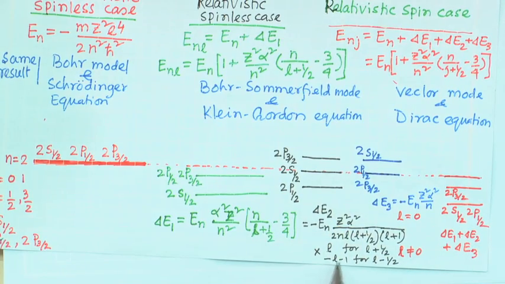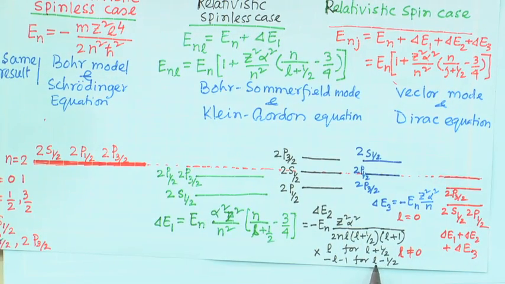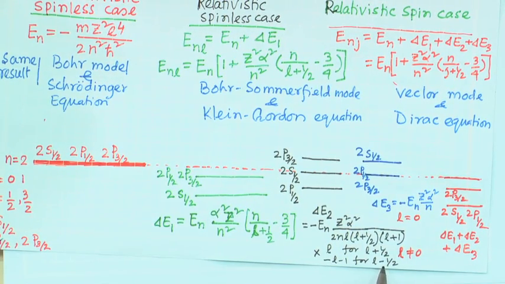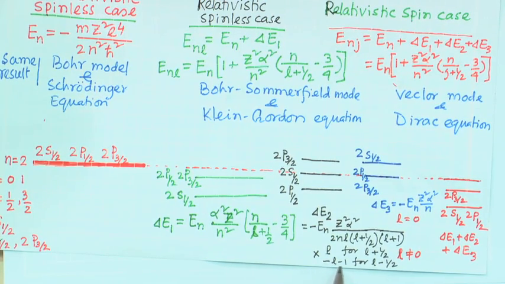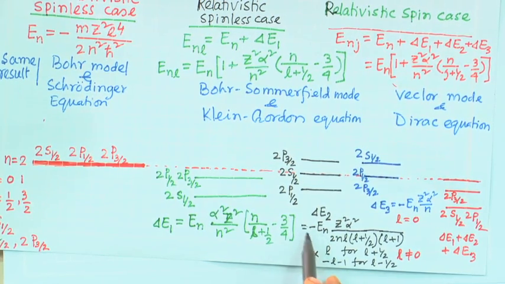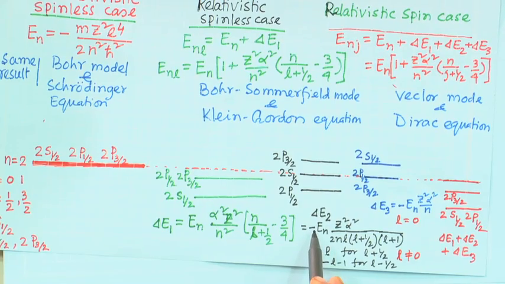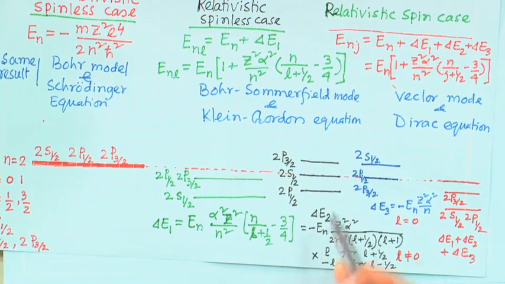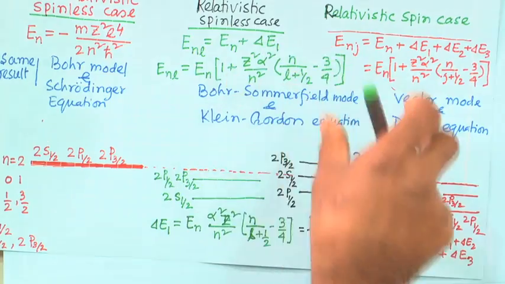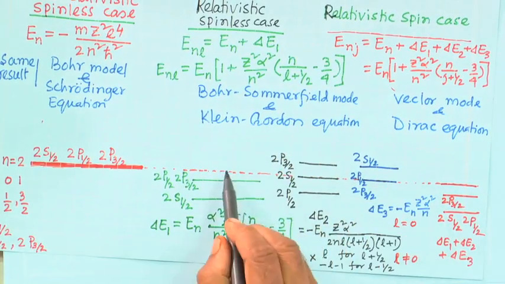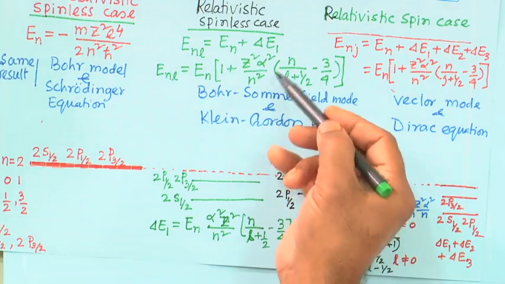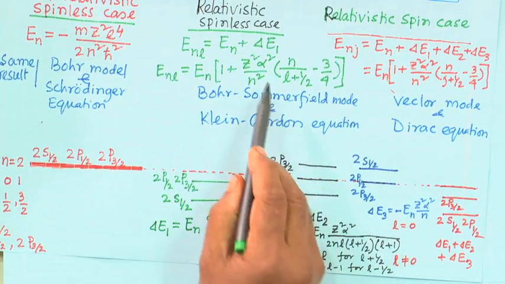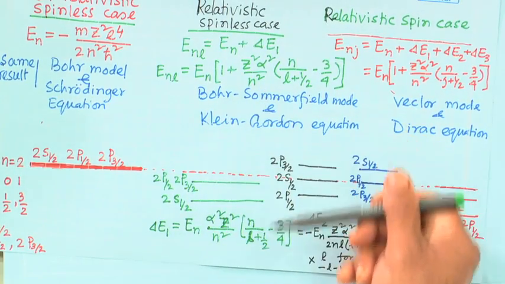And in the other case, when J equal to L minus half, means J equal to half, P half, it is minus L minus 1, which means En will be a plus term. So, in general, to the negative energy at the dotted lines, some more negative part is slightly added, so it will come down.